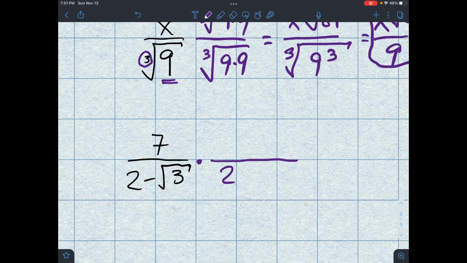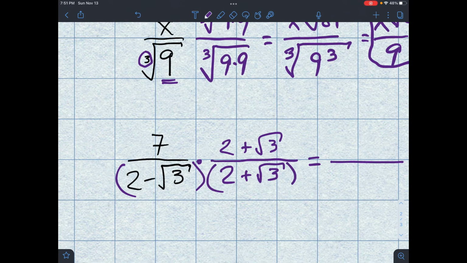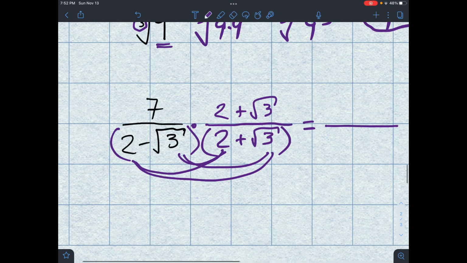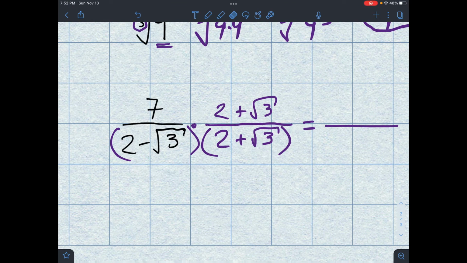But in this case, what fixes it is what we call the conjugate. Now, you recall from two chapters ago, when I multiplied by FOIL, there were 4 multiplications that would occur. So I'm going to do these 4 multiplications step by step.